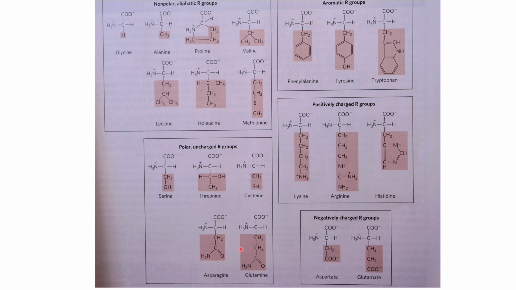Asparagine, which is down here, is N. Glutamine is Q. And lysine over here is K. And aspartate is D, and glutamate is E. So those are the exceptions for the bioinformatics role if you want to go to that.